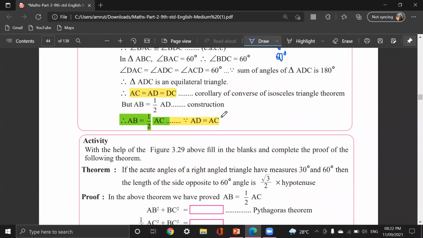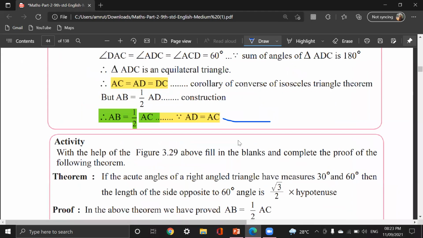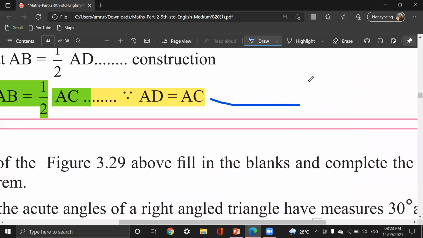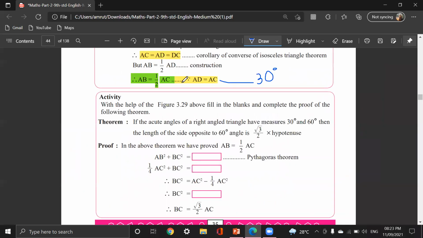So this is for the side opposite to 30 degrees. The side opposite to 30 degrees is half of AC. AC means the hypotenuse. That only you have to keep in your mind.